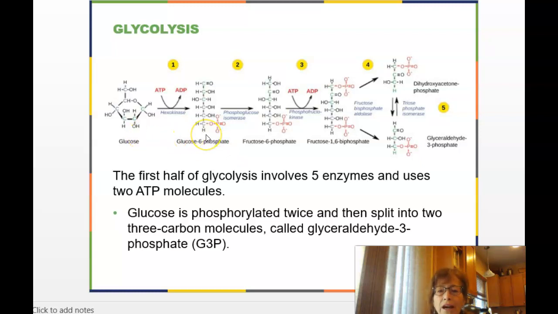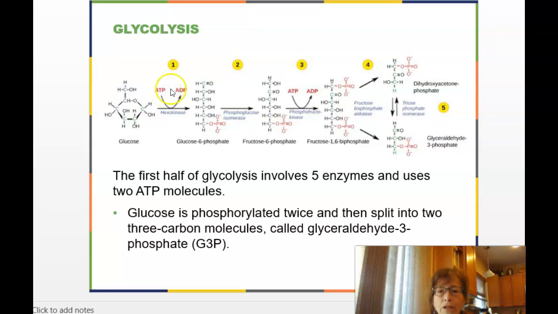This would be an endergonic reaction. In other words, if we just looked at this individually, we'd say this is one in which the delta G would be a positive value. However, we want this reaction to go forward, and so to make this reaction go forward, we're going to couple this reaction with the hydrolysis of ATP. Remember, lysis, hydrolysis: using water to release energy, to split something, to break a bond.